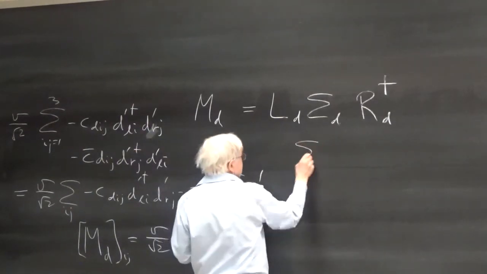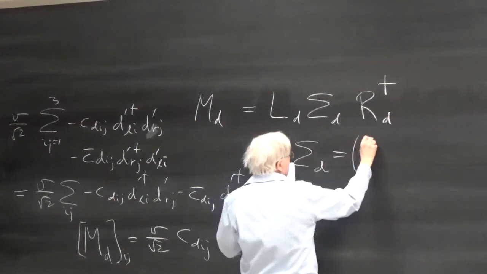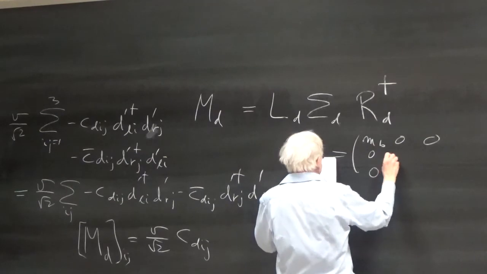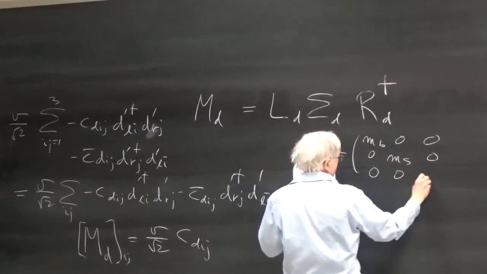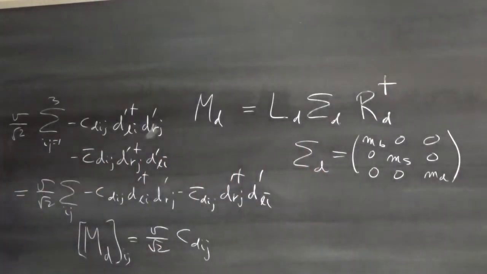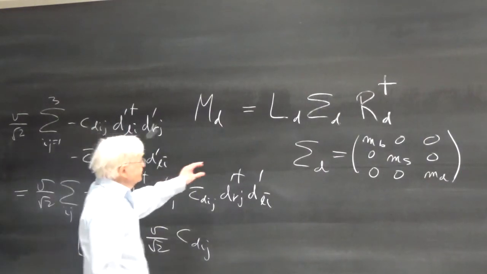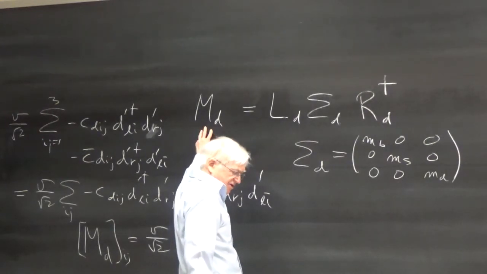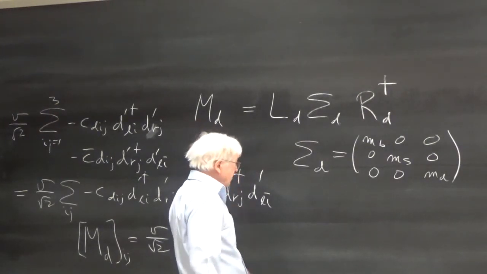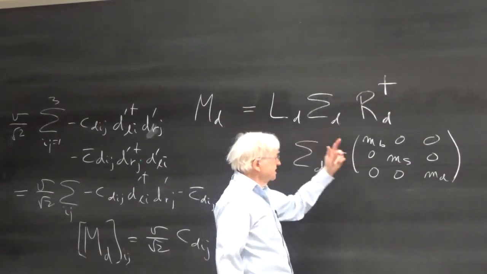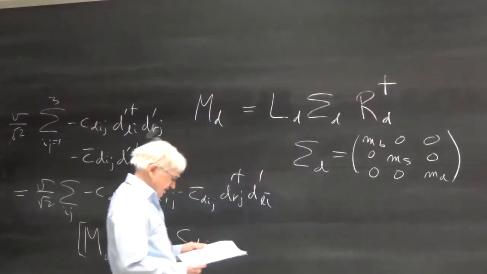And so sigma d is the mass of the bottom quark, 0, 0, 0, mass of the strange quark, 0, 0, 0, mass of the down quark. So that's how one understands what's happening here. What you do is you have a 3x3 complex matrix that is not necessarily Hermitian, unitary, symmetric, or anything. But you can always do a singular value decomposition, and that gives the masses on the diagonal.